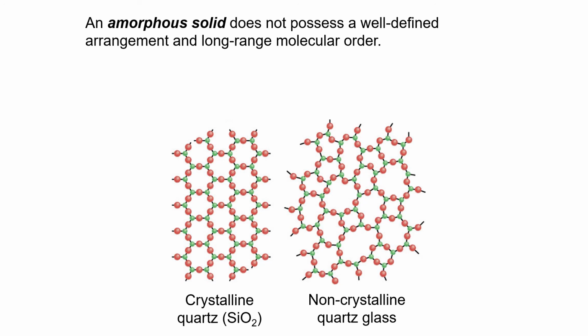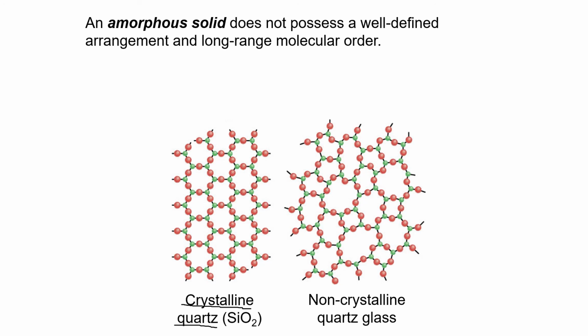So an amorphous solid, as we indicated on the first slide, does not have long-range repeating order in its arrangement. And here are two comparisons. This is crystalline quartz, which does have long-range repeating order, but this is non-crystalline quartz glass.